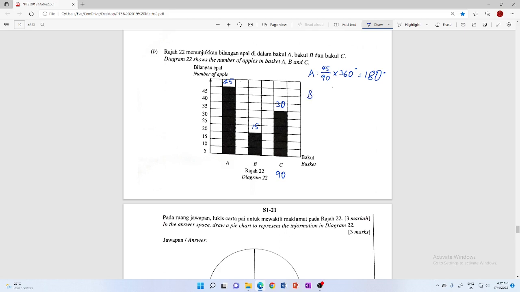And for B, that is 15 over total 90 times 360, that equals 60.